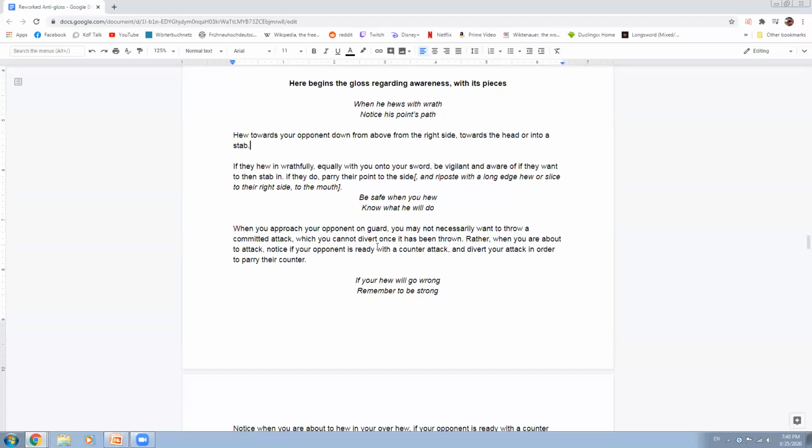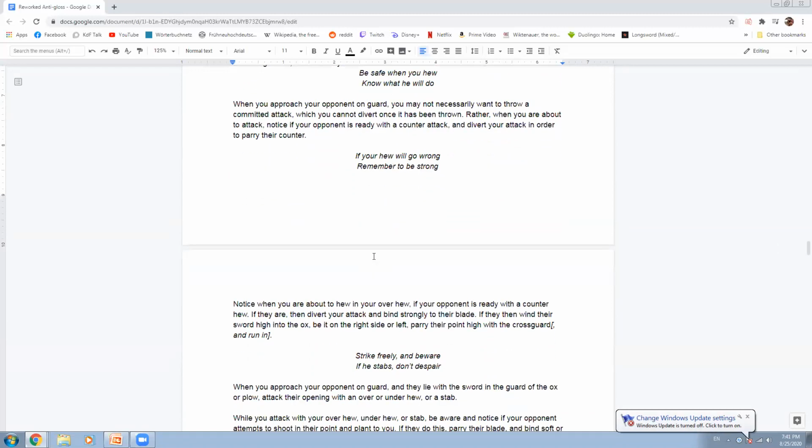Personally, I think this is one of the few pieces of bad advice in the anti-gloss, because I think the advice to throw a committed attack and not regard what your opponent fences against you is probably the best advice in the gloss. Because if you come in not knowing if you're going to hesitate, not knowing if you're going to redirect your attack or go for an attack, then you're never going to end up going for an attack. You're just going to hesitate, and bad stuff's going to happen.